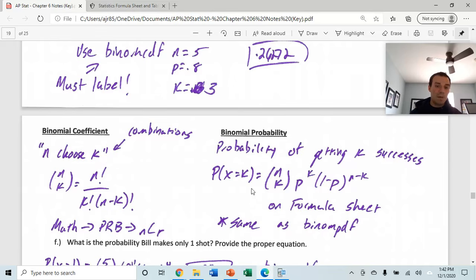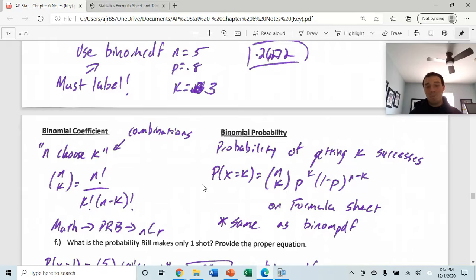This N choose K part in the beginning represents the number of combinations, N choose K, okay? You can get that on the calculator by doing math, PRB, and nCr, okay? This is the factorial that formula is actually showing you here.